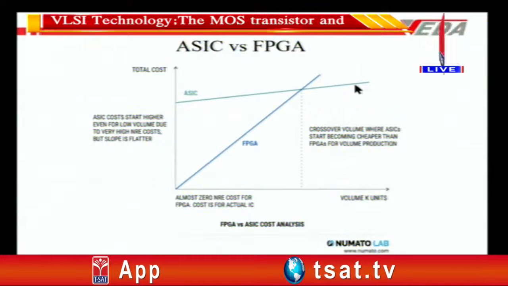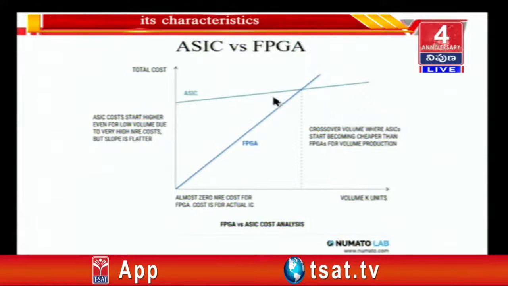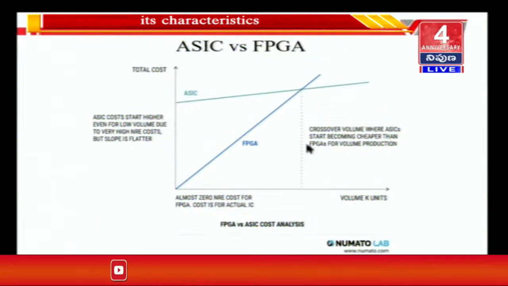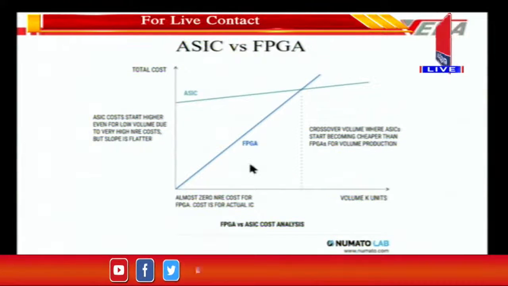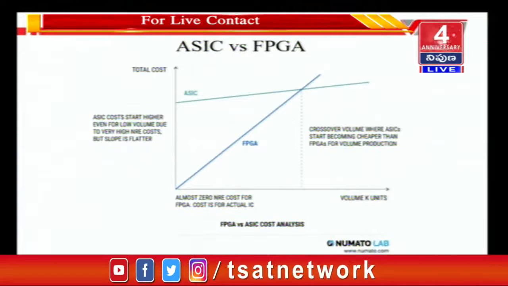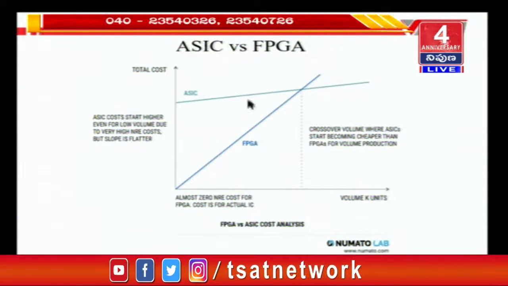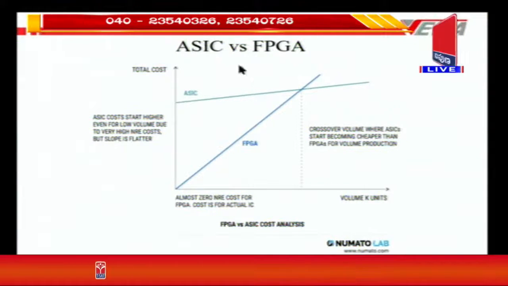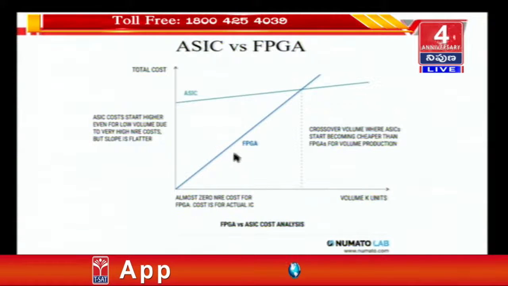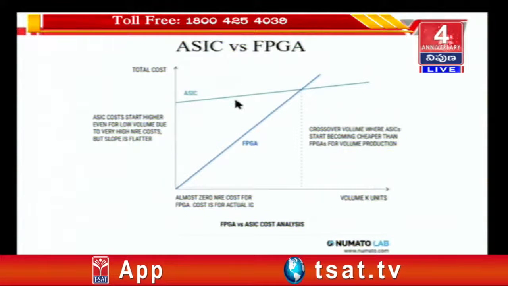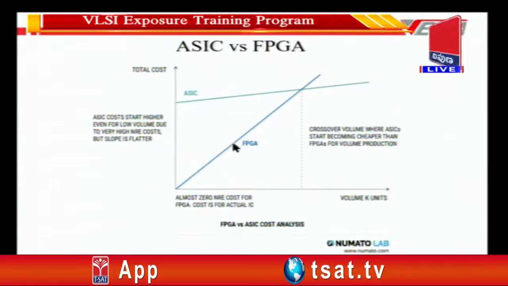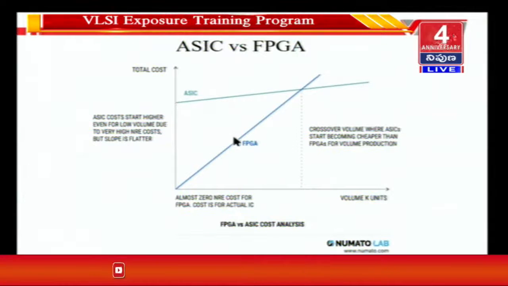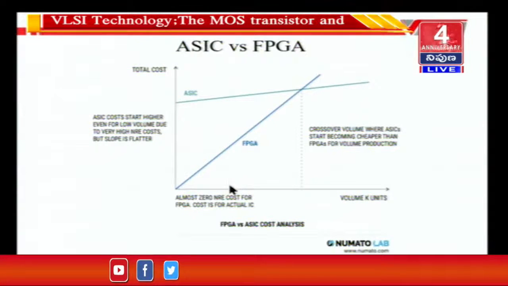It will be cheaper to manufacture an ASIC, whereas under this crossover volume it's always better to use an FPGA, because if your volumes are somewhere on this line, then obviously it doesn't make sense to go in for an ASIC, because the ASIC is going to be much more expensive, almost twice as expensive as the FPGA.